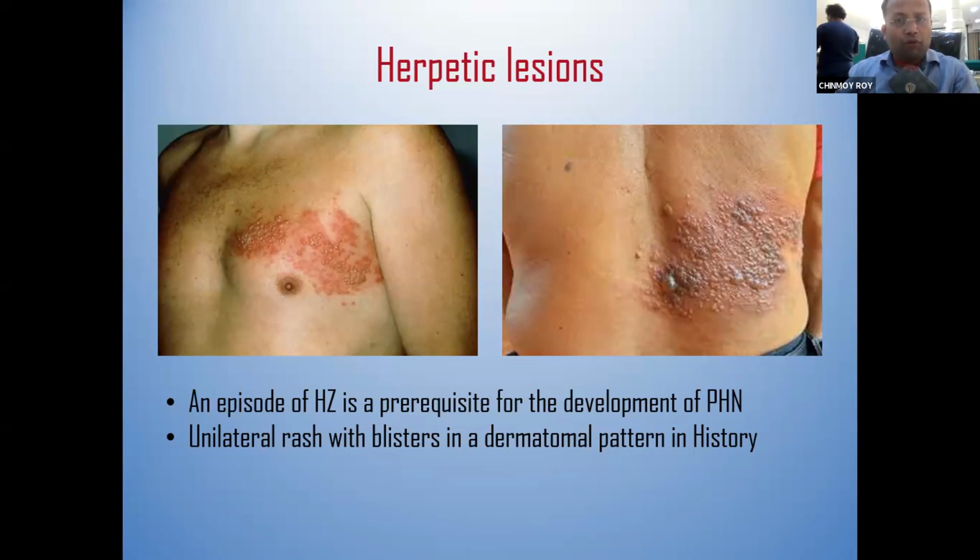Then what type of rashes do we usually get? The rash is unilateral most of the time, with blisters in a dermatomal pattern. Here the most important thing is blisters in a dermatomal pattern. Some nerve root, some intercostal nerve root may be affected in this case. That's why it is blisters in a dermatomal pattern.